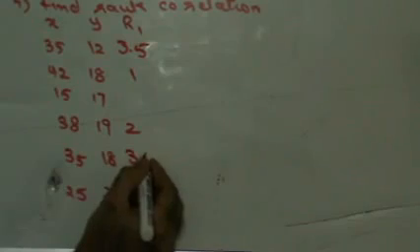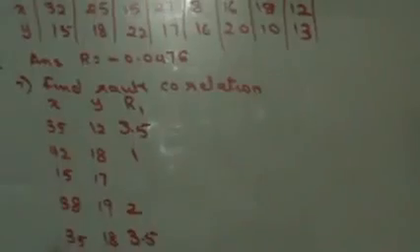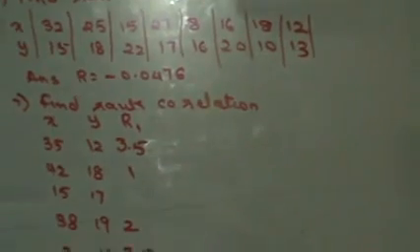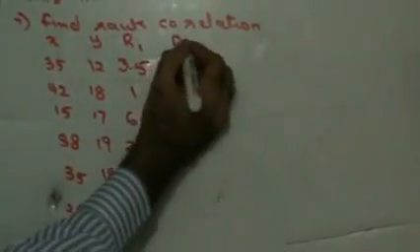Both get the same rank. So third and fourth rank is gone. Then this will be fifth and this will be sixth rank.